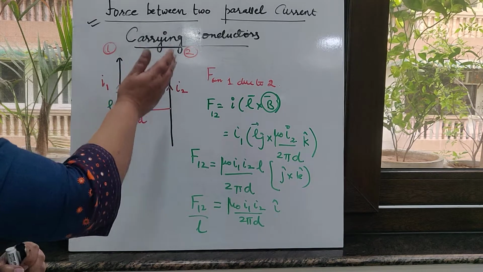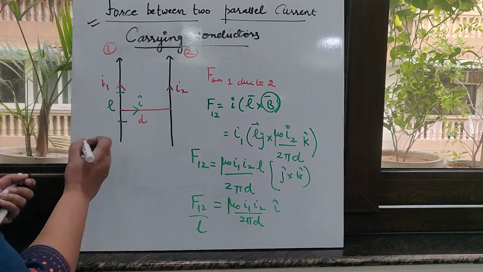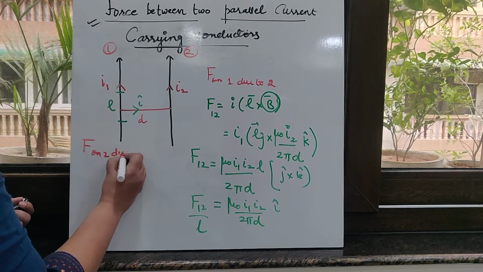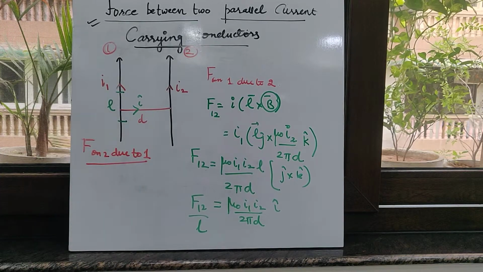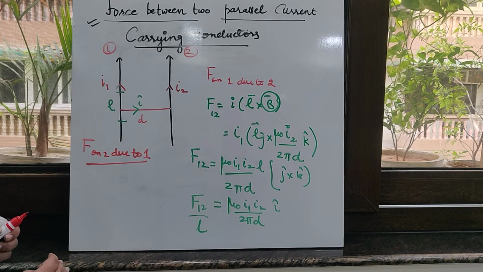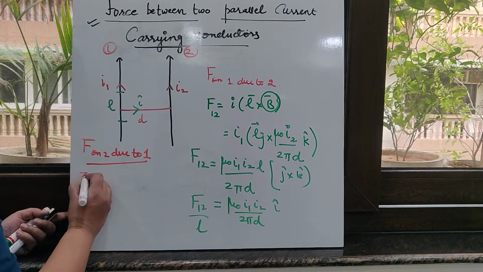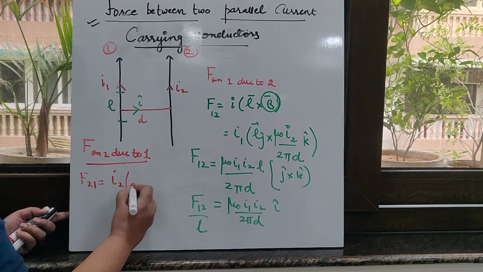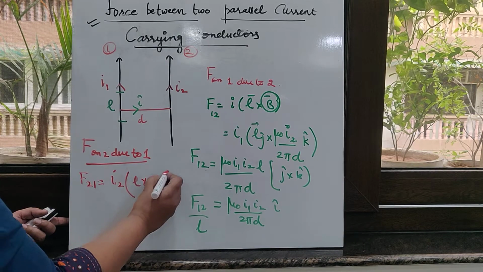Now in a similar process we can find out how much is the force on 2 due to 1. So we will only make small changes here. Force on 2 due to 1, that means F21, is equal to I2 L cross the magnetic field produced by 1.